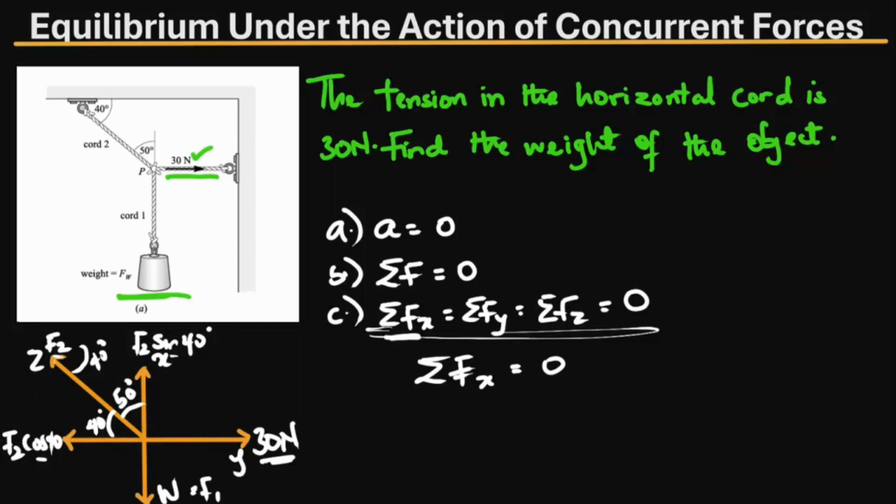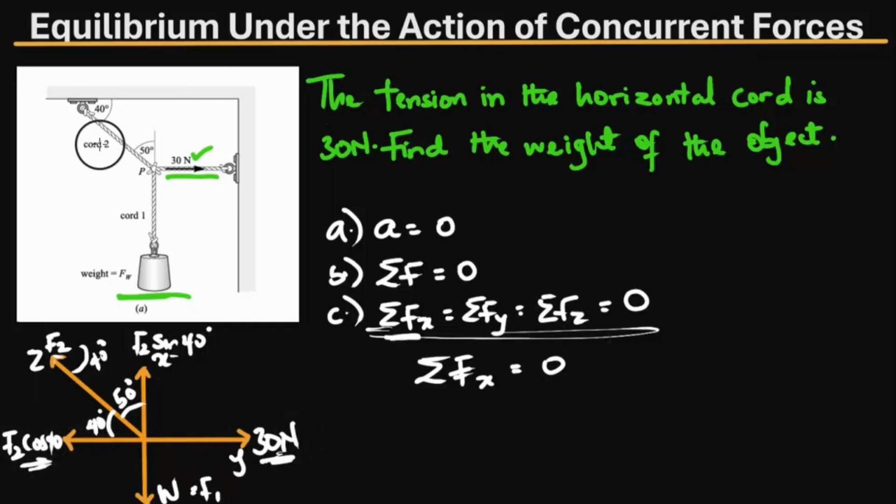Okay, so what are the forces in the x direction? We have 30 Newton, and we also have F2 cos 40. Okay, so 30 Newton is acting in the positive x direction, and F2 cos 40 is acting in the negative x direction.